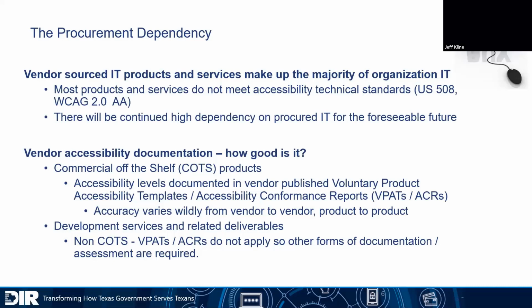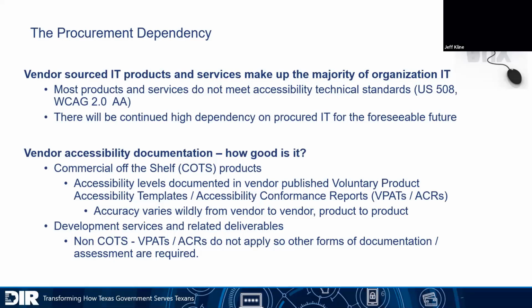That's the blank template. Once it's completed, it turns into an ACR, or accessibility conformance report. And that goes through WCAG and a number of different other things. But the problem with those is accuracy varies just wildly from vendor to vendor and product to product. I'm going to be talking about that in a little bit.